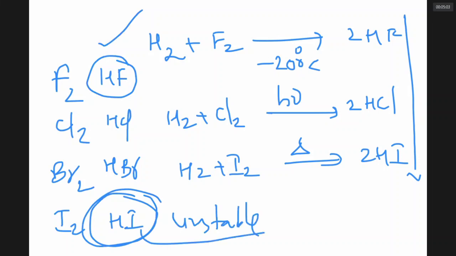But HI is the strongest acid. Notice that the acidic strength is increasing down the hydrides. Now I should say on record, in HF, minus delta, plus delta.